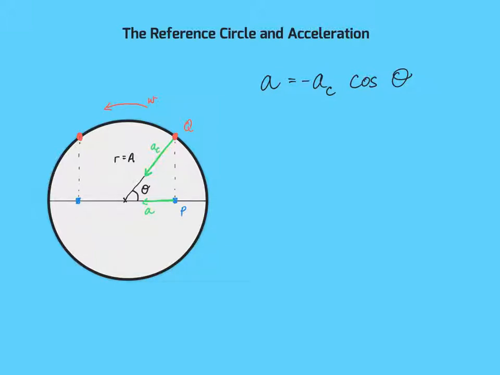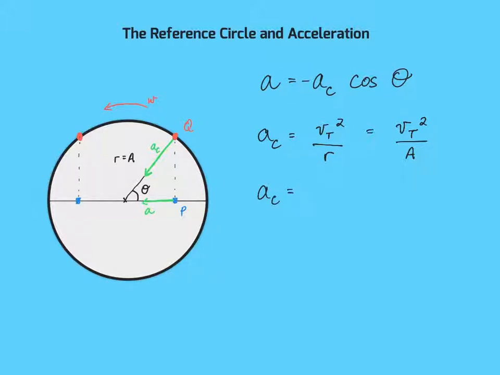So we can say that AC is equal to VT squared divided by R. Now, once again, I don't want R there, but we know that R is equal to our amplitude, so I'm going to have VT squared divided by amplitude. And once again, I know that VT is equal to omega times radius, or times our amplitude, so I'm going to plug that in here.